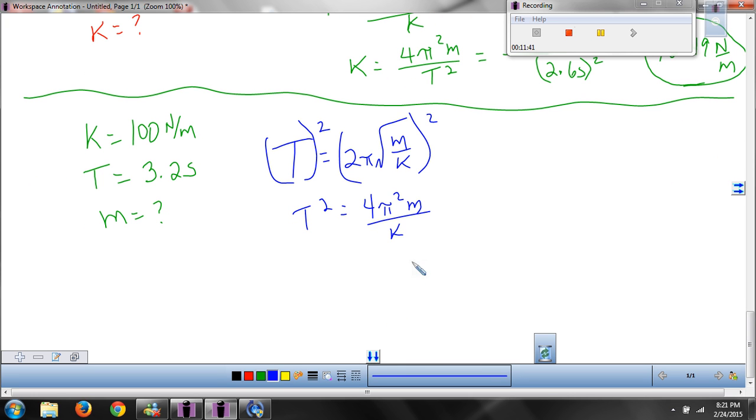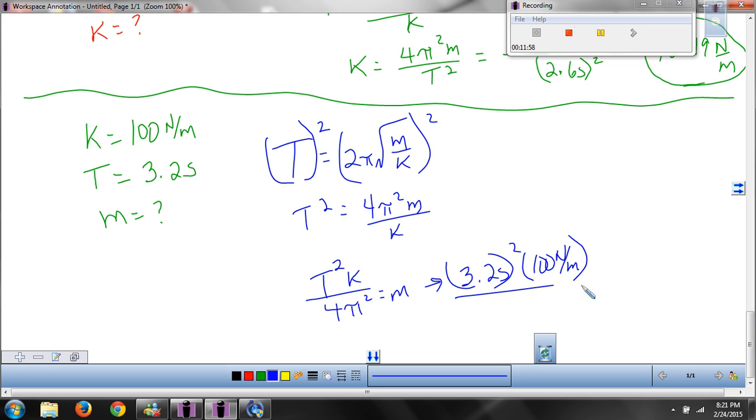This time I want m by itself, so I'm going to have T squared k divided by 4 pi squared is equal to m. T was 3.2 seconds. K was 100. 4 pi squared is about 39.4. So that should give me the mass.